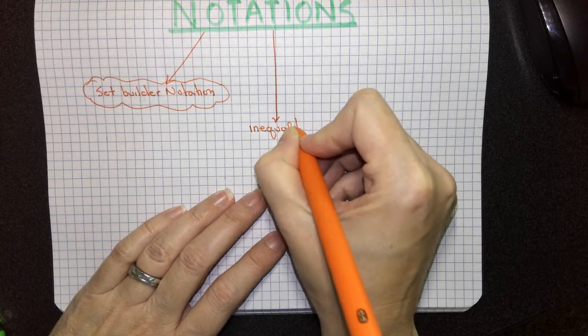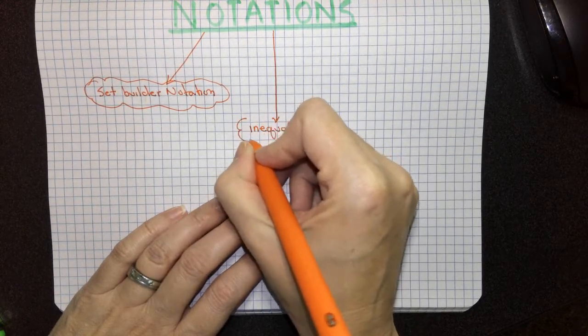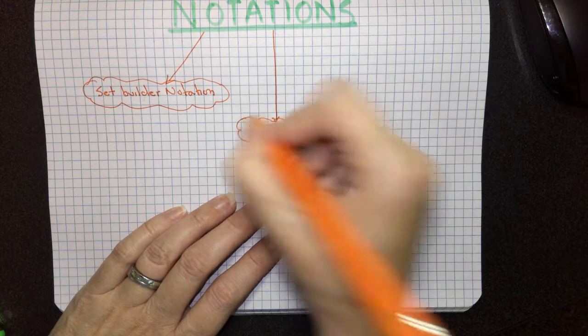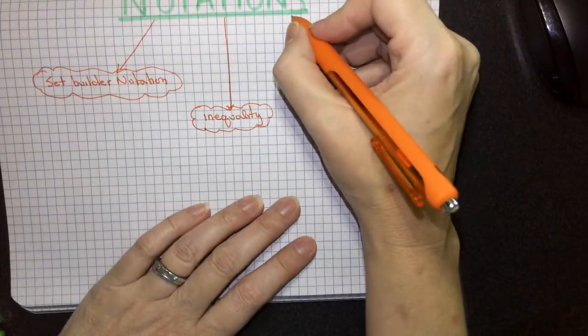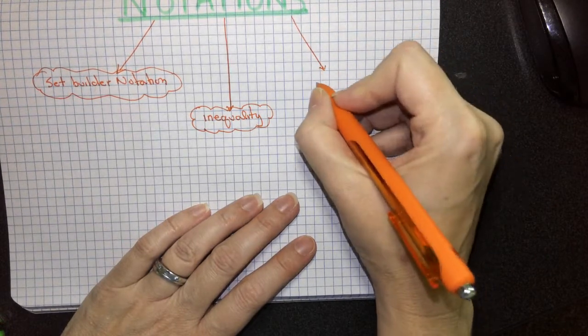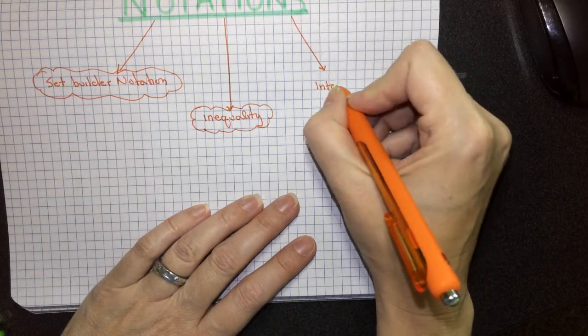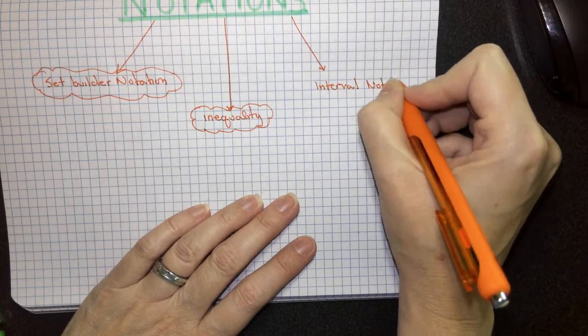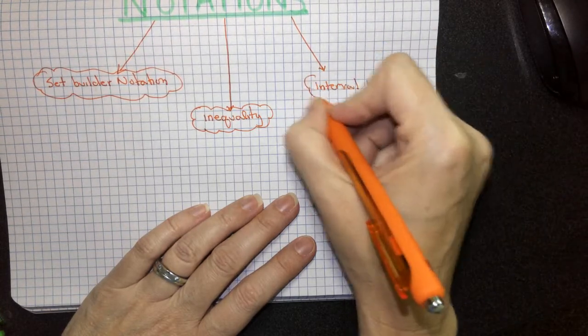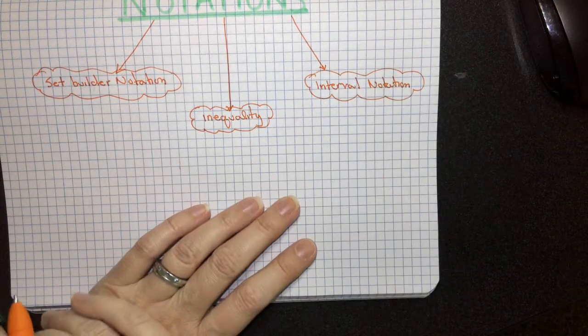And this is kind of the simplest one, so you're not going to see it as much, though you may say describe it as an inequality. And then our last one we're going to be looking at is called interval notation. All right, so those are our three.